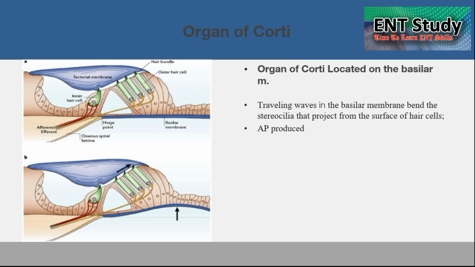The organ of Corti is located on the basilar membrane. There are four rows of hair cells connected to the nerve at their basal sides.